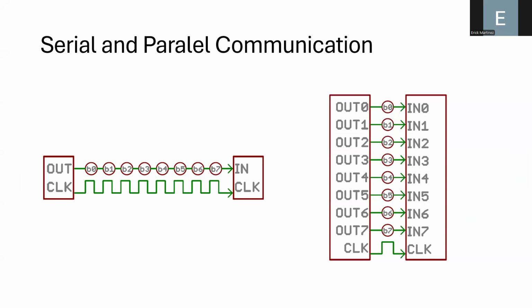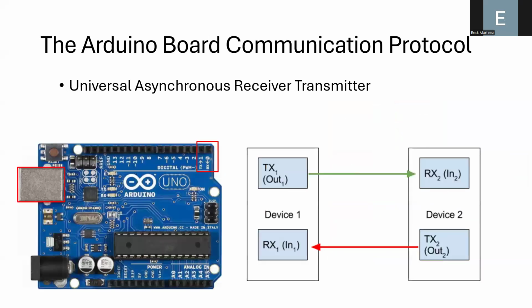The Arduino can transfer information to a computer using serial communication. The protocol they are using is the Universal Asynchronous Receiver Transmitter. It is done by considering these two pins that are connected to the pins of the microcontroller, and these pins are connected to this device, which is where we connect the Arduino to the computer.